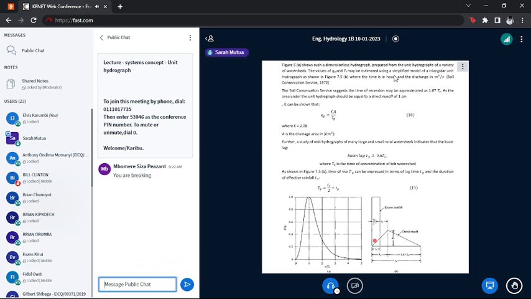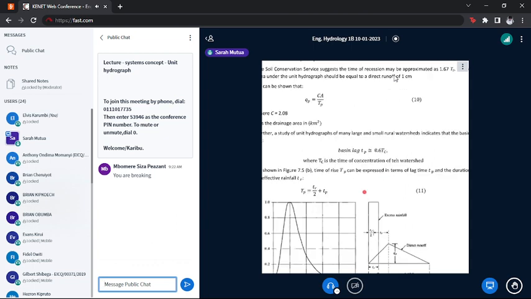So this TR, this bar shows excess rainfall. And sorry, the hydrograph starts from time 0, from the start of the rainfall. So the basin time lag TP is approximated as 0.6 TC, and TC is the time of concentration of the watershed.